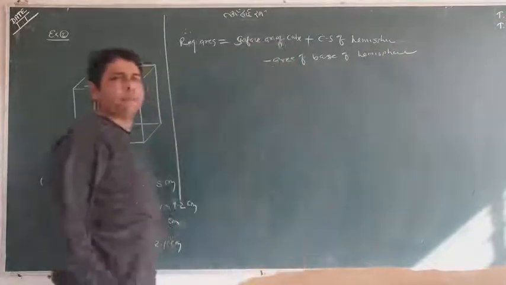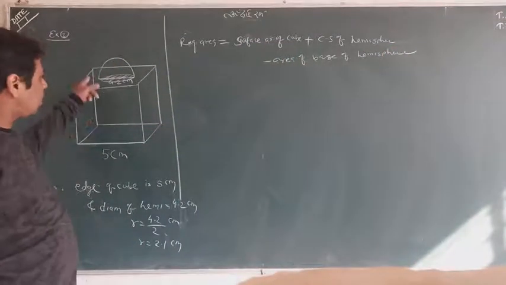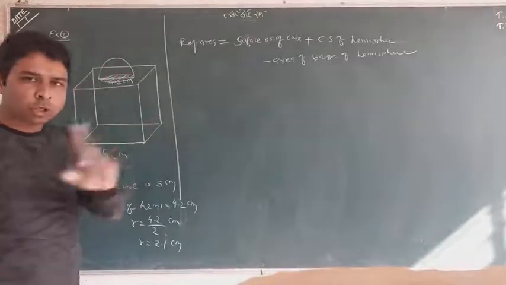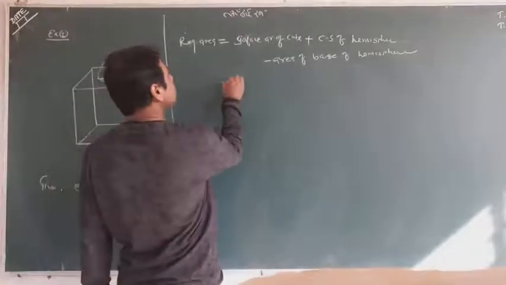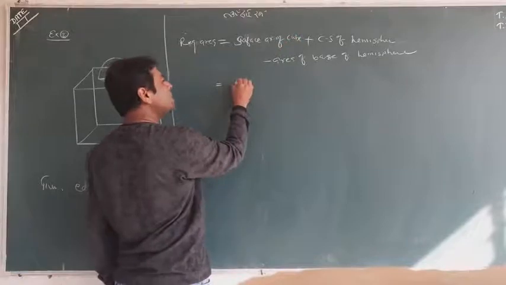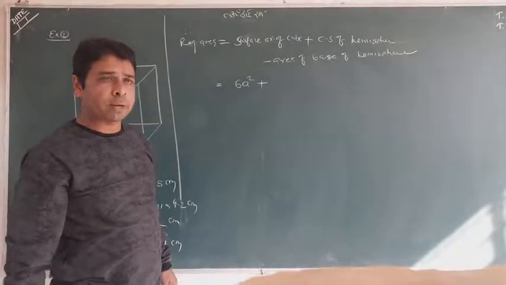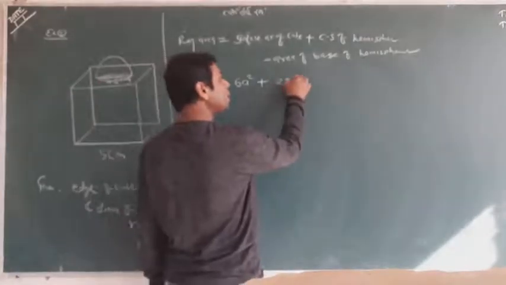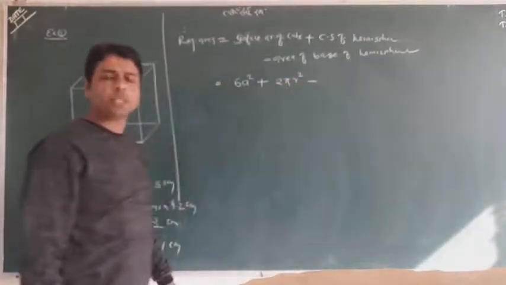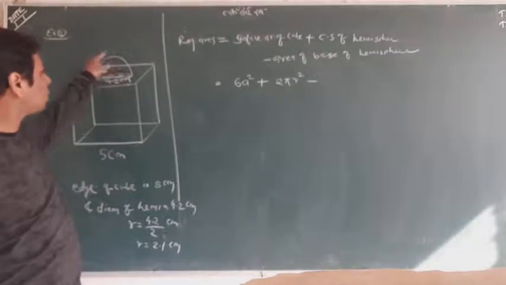That's simple. You will add this and subtract only the portion we cannot see. Surface area of the cube, meaning 6a square. Curved surface of the hemisphere, meaning 2 pi r square.